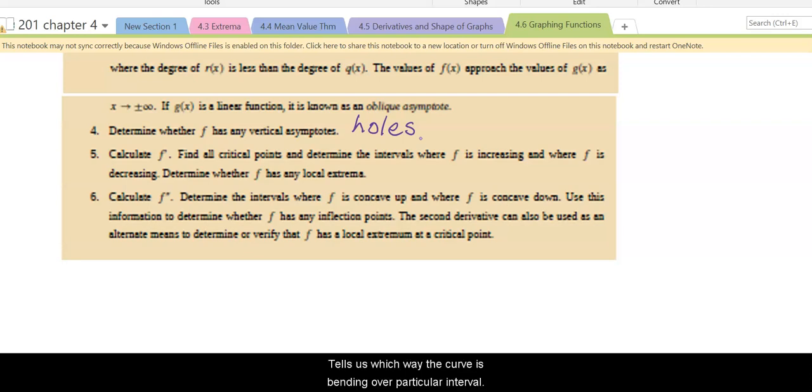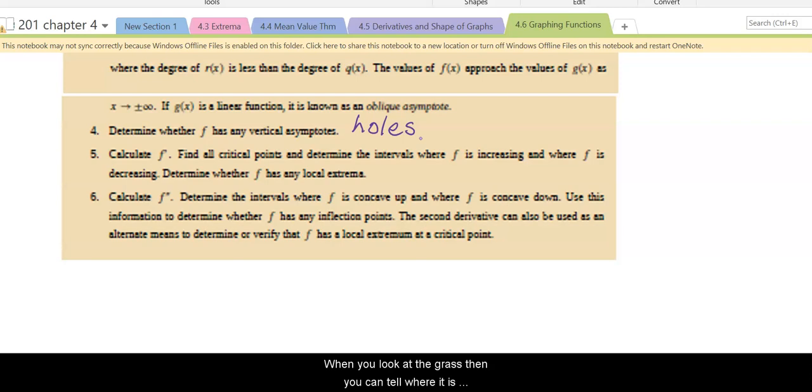It tells us which way the curve is bending over particular intervals. We divide up the domain of the function using the inflection points, which are the zeros of the second derivative, where the second derivative changes its sign from positive to negative or negative to positive.